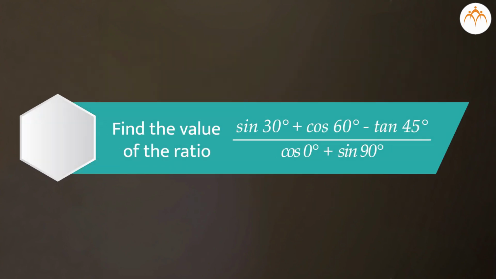Let's find the value of the ratio sin 30 degree plus cos 60 degree minus tan 45 degree upon cos 0 degree plus sin 90 degree.